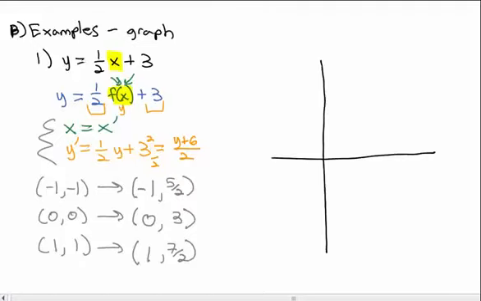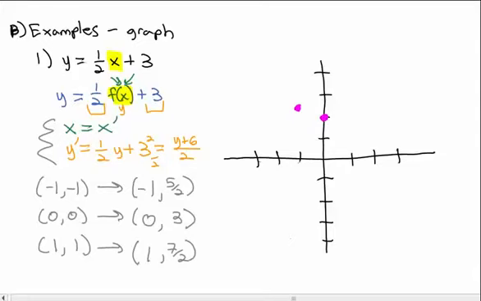We've now got our new points for our graph. The points on our graph are -1, 5/2, 0, 3, and 1.